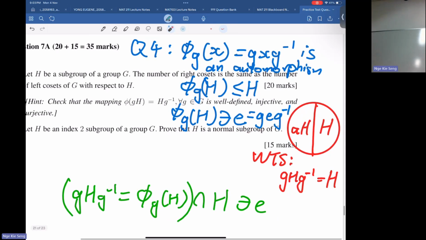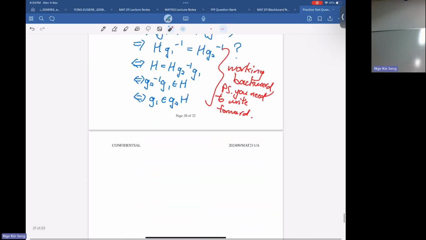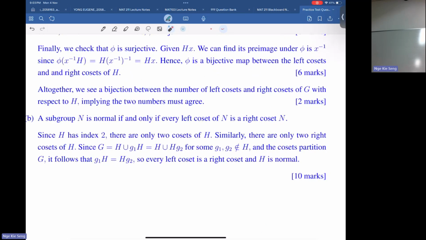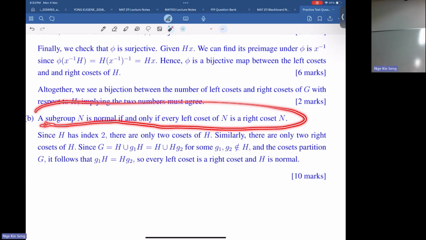Any problems? No problems? Let me see if I used any other approach. Okay, use part A. How to use part A? I use this fact here: a subgroup is normal if and only if every left coset is a right coset. Have I not proved this? It's in lecture 12, in the lecture notes.